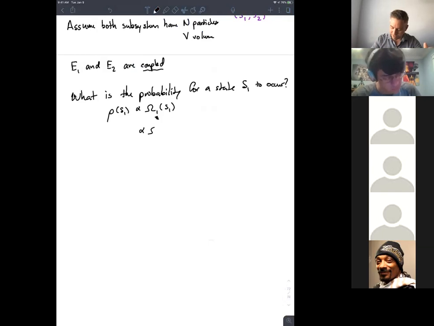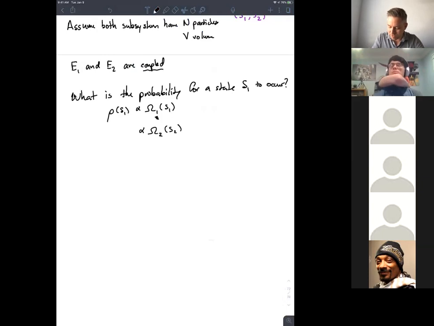But now, because S1 and S2 are coupled, we can also say that this has to be proportional to the probability of finding system 2 in some state S2. Now, what the probability depends upon is the energy.